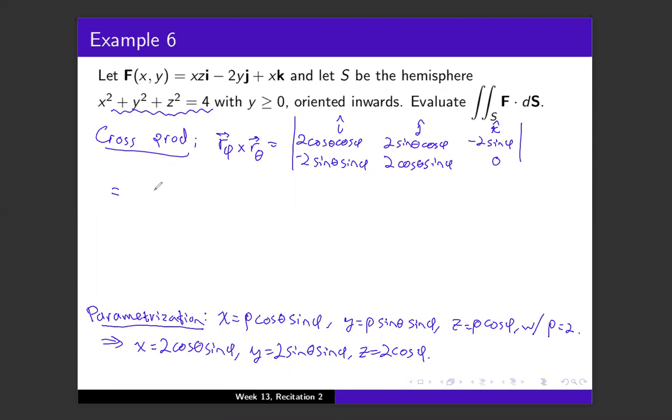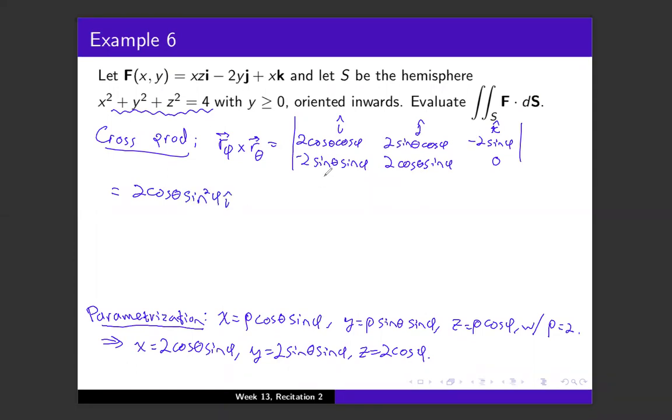So we take that cross product, and what do we find? We find that that's going to become 2 cosine theta sine squared phi in the i direction.